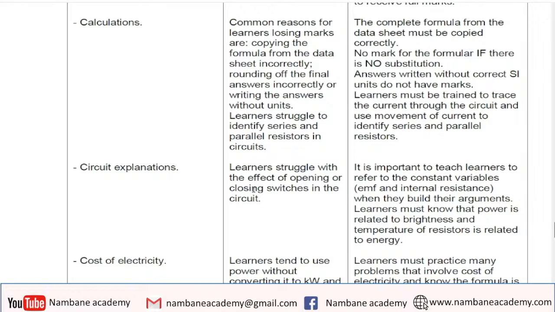And when it comes to energy or temperature in physical sciences, we relate it to energy. So if energy increases because of an increase in current, then it means whatever resistor is there will become hot. But if energy decreases because of a decrease in current, then whatever resistor is there will become cold.